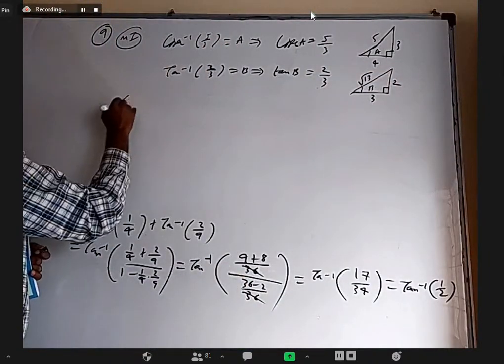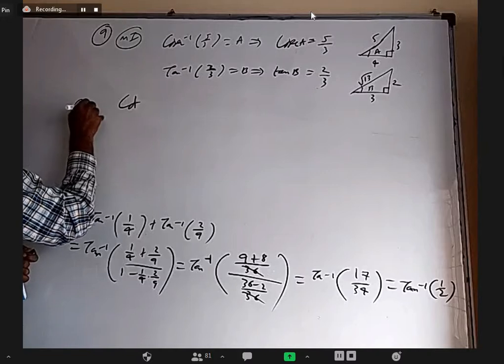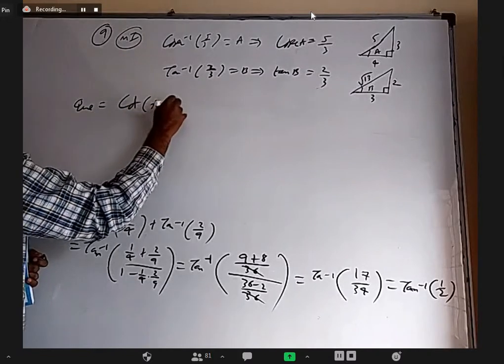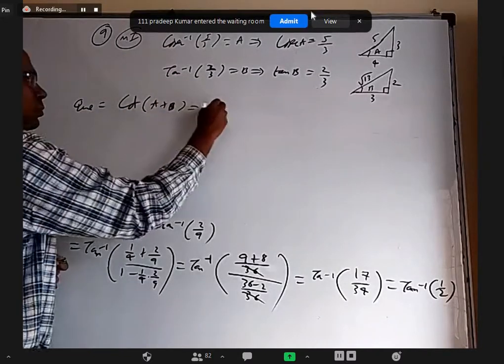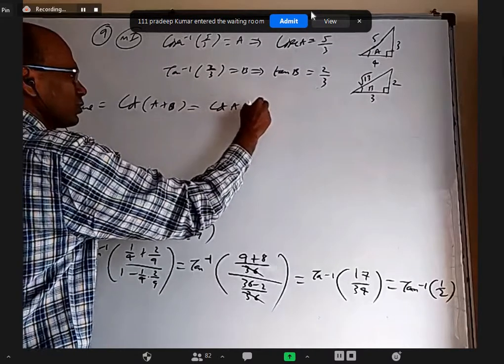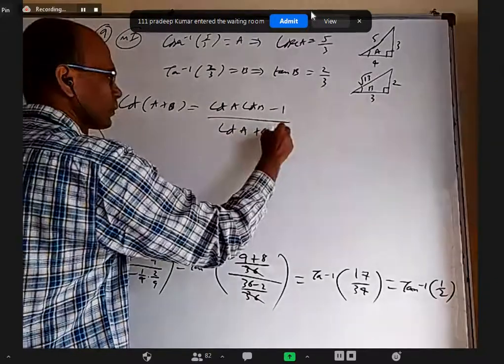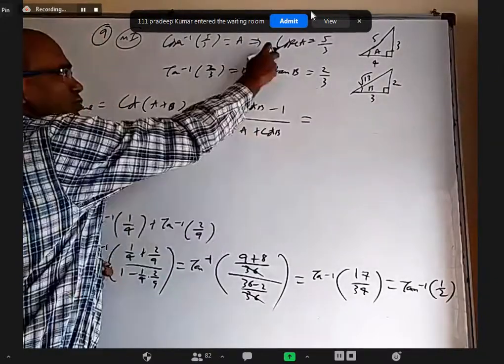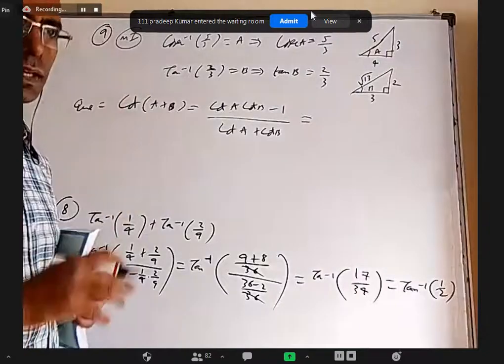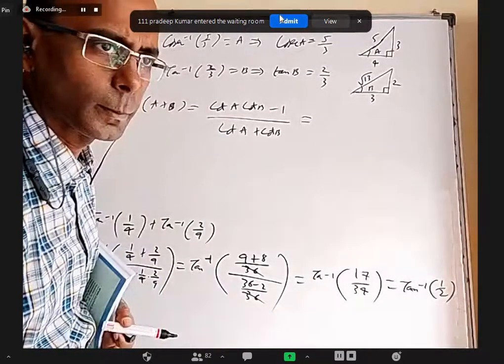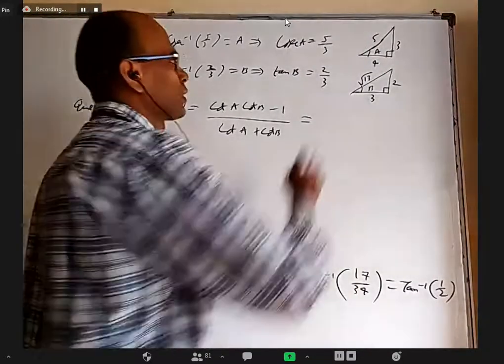Now the question is equal to cot of A plus B. And the formula for cot of A plus B is cot A cot B minus 1 by cot A plus cot B. I don't know cot A, I know cosecant A, but from cosecant A I can draw the triangle and then find cot A. So cot A is 4 by 3.